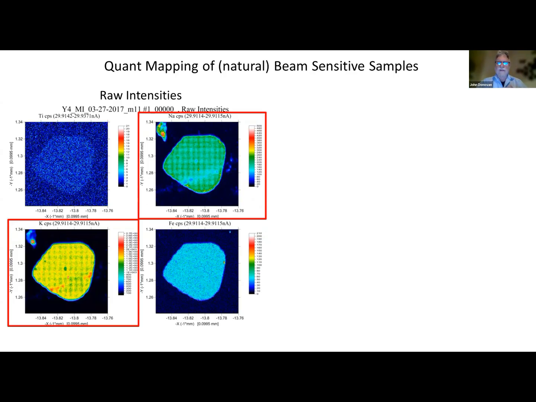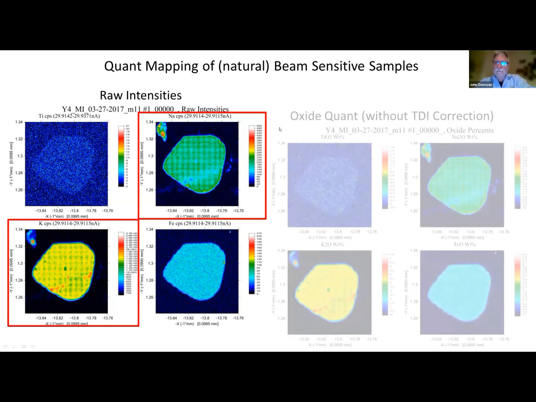And then eventually at some point there become too many ions for the charge and they basically give up. The effect is highly variable, depending on the scanning speed and the beam diameter and the thermal conductivity of the material and, of course, alkaline ion mobility.